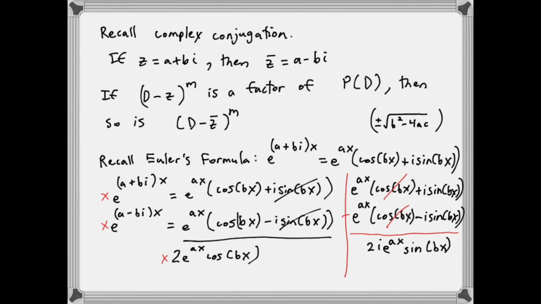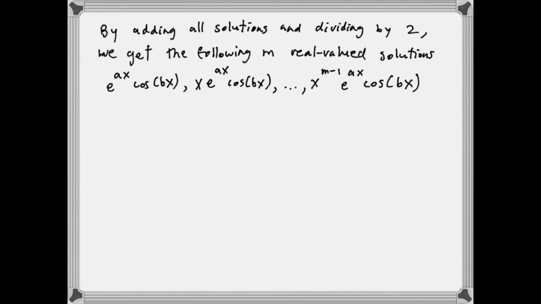But, of course, I could just divide. If that's a solution, then that means I could divide by the 2i to get rid of it. And so we have found the other m solutions. They're going to be all the solutions with sine in there instead. And so I will say, and m more solutions. And those look like this.